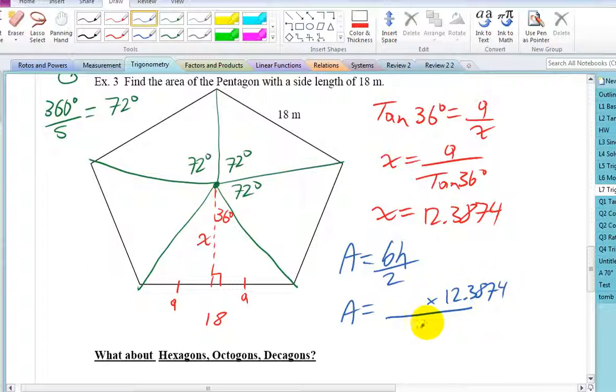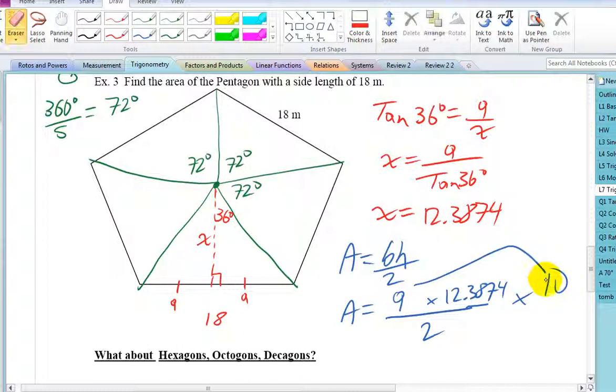12.3874 divided by 2. But if I put a height of 9, what am I finding the area of? Yeah, half, the small one. That's okay to do that, but then how many small triangles are in here? 10. So I would have to have that combination.